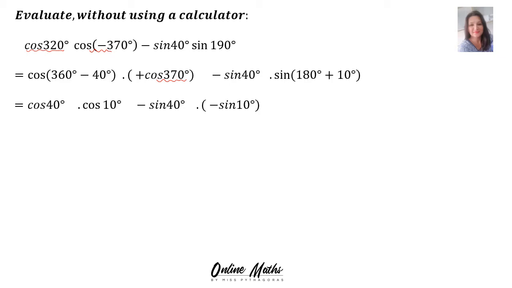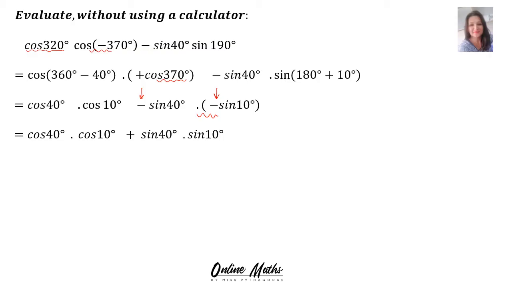Now, this minus is in the way, and then you say the cos 40 stays, the cos 10 stays, and now a minus times a minus is a plus, and it becomes plus sin 40 times sin 10. Now, here is the grade 12 work.